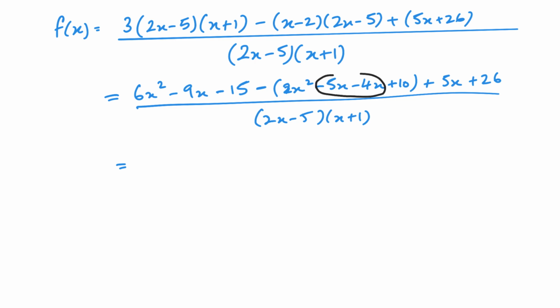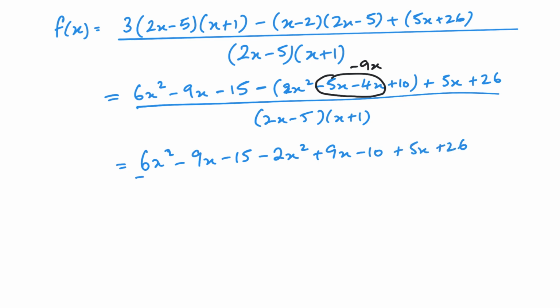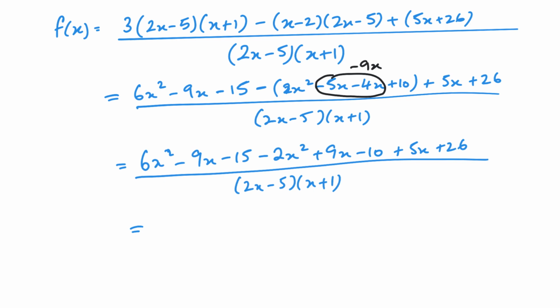Obviously this minus 5x and minus 4x is minus 9x. So we've got 6x squared minus 9x minus 15 minus 2x squared plus 9x minus 10 plus 5x plus 26. So all I've done is get rid of that bracket which has the minus outside. I'd always have that bracket though because I don't want to make a sign mistake during this.